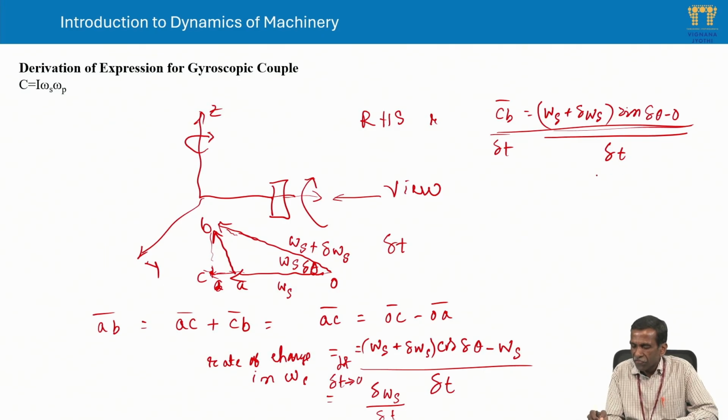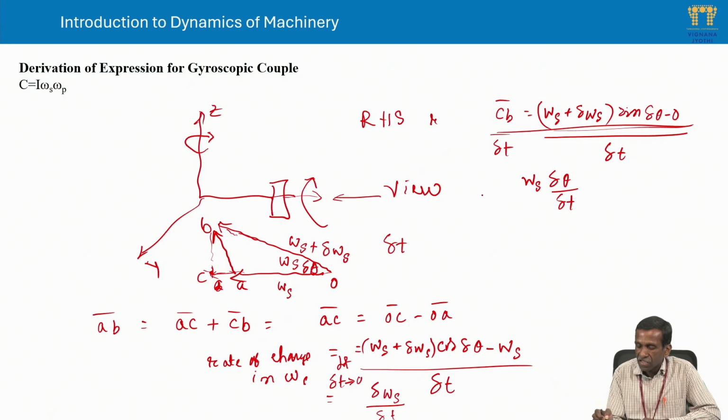If we simplify this again, when delta theta is very small, sine delta theta becomes delta theta. Then we can neglect the product of two small terms, delta omega s and delta theta. So it is omega s times delta theta by delta t.